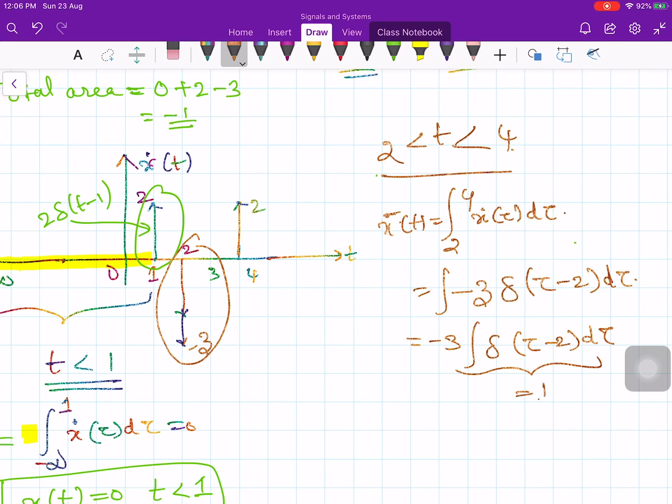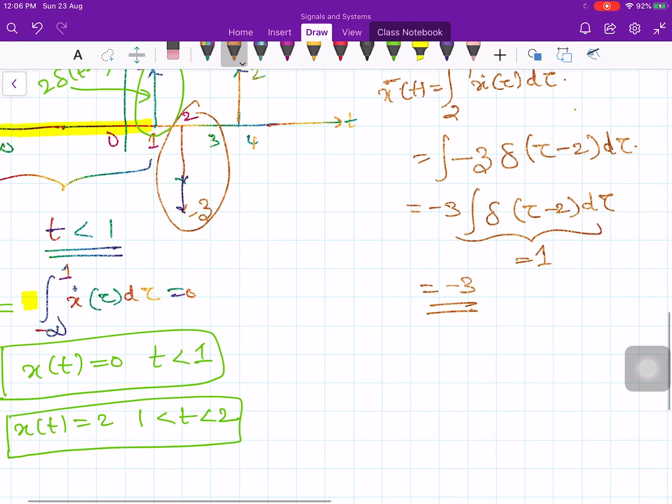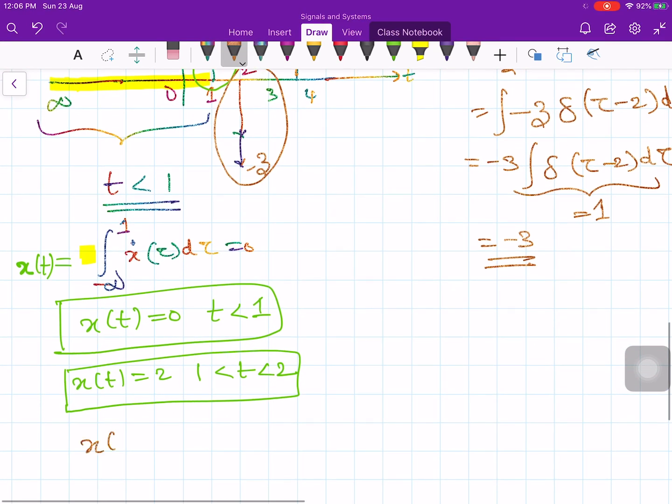Therefore this is minus 3. Now I cannot write x of t is equal to minus 3 in the region 2 less than t less than 4. This is wrong.